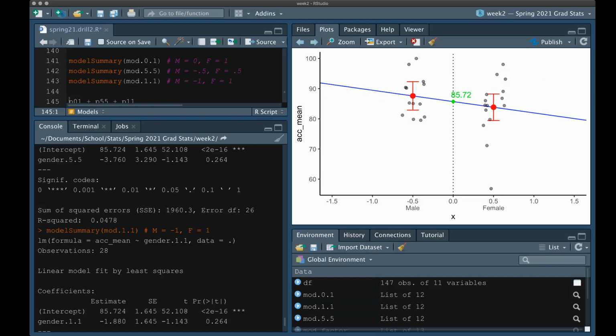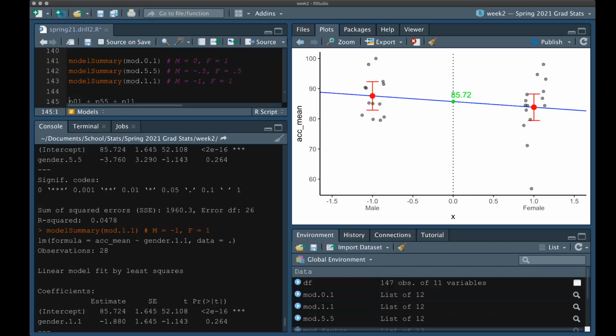So you notice that green dot, that spot directly between the two groups, hasn't changed. It doesn't matter what you code this. If you coded females as +1 billion and males as -1 billion, the exact halfway point between the two would still be 85.72. So the intercept doesn't change here between these two, but our slope does.